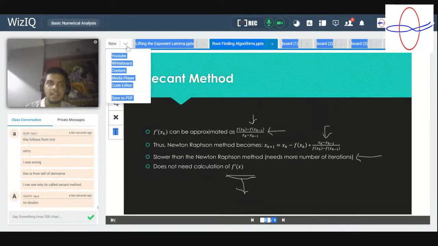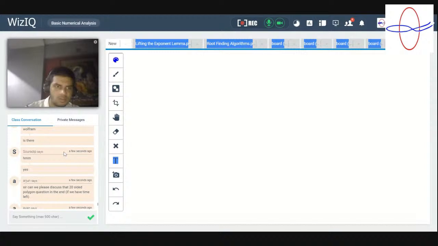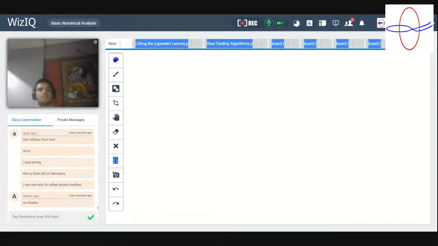So finally, we have one question that Arjun asked. The question goes as follows: you have a 20-sided polygon and you need to select three sides out of them such that each side is at least two sides away from the other.